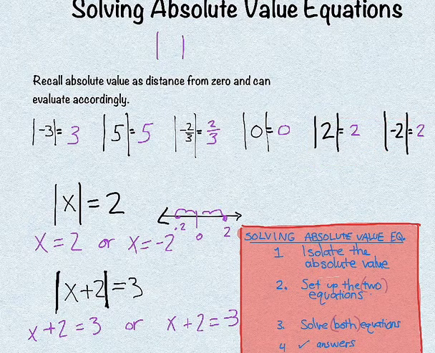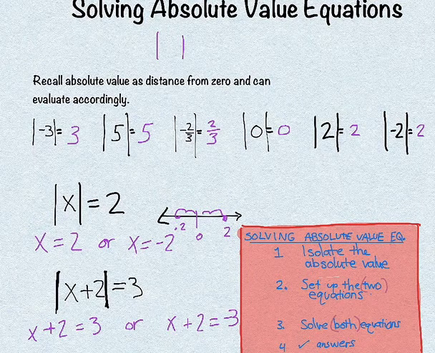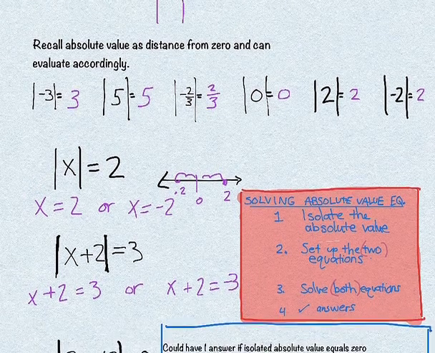We're going to isolate the absolute value. In these 2 examples so far, it's already isolated. We're going to set up the 2 equations, whether I'm going in a positive direction or negative direction, so whatever's inside that absolute value could equal either one. Then we're going to solve both equations and, of course, check our answers, because sometimes we could end up with no solution.